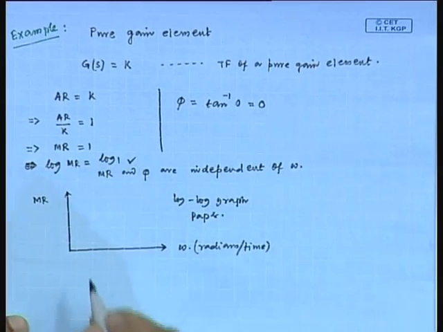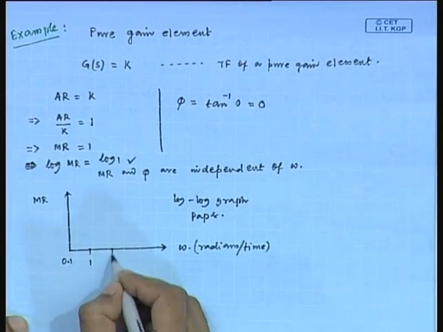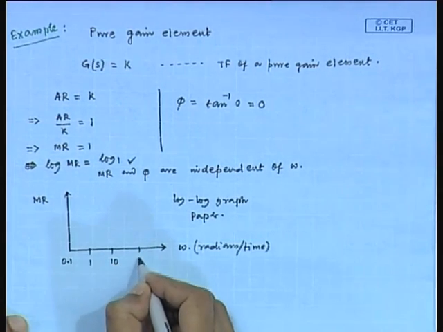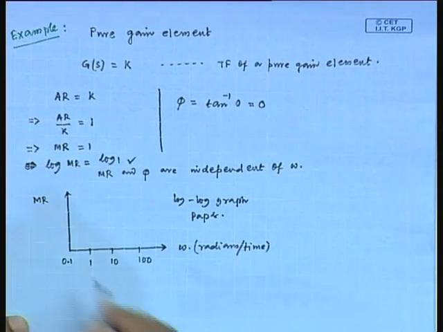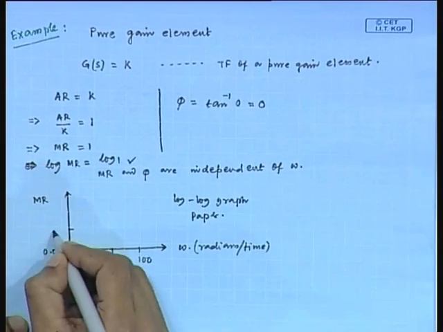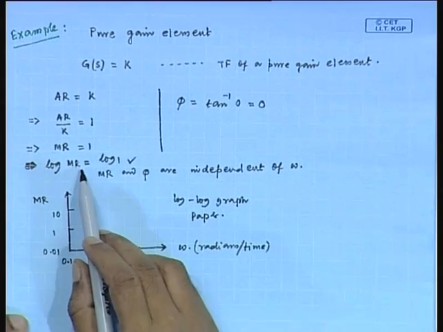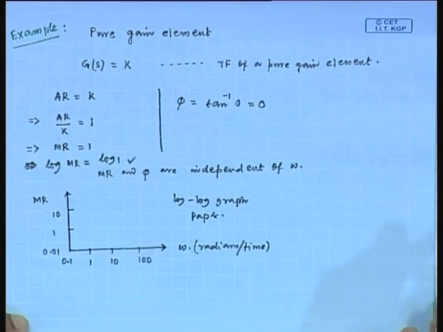Now, we will consider this. So, what it indicates? Log magnitude ratio equals log 1.